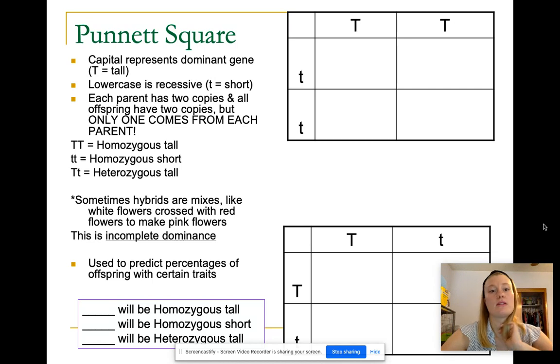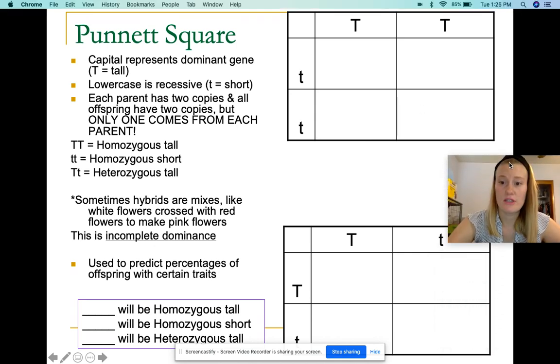All right, so like I said before, we've gone over Punnett squares. I know that I've taught this to you, and I'm hoping that you guys understand how to organize it and fill it in. But if you have forgotten, this is a homozygous dominant parent for tall. This is a homozygous recessive parent for short. And I want you to think about what is going to be filled in here.